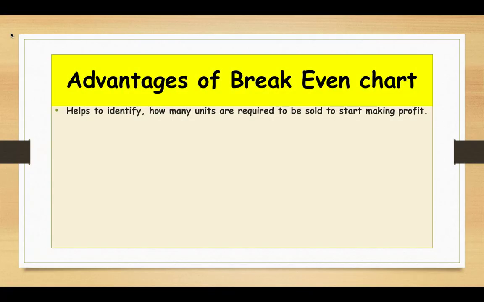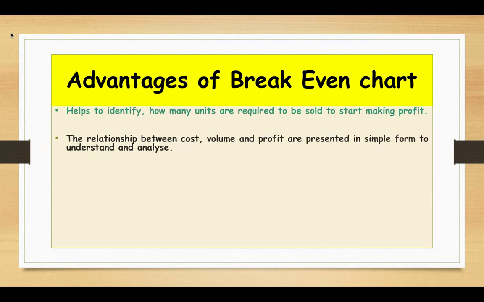We all know the companies can make profit only after reaching the break-even point. So lower break-even point is good for the company. So this will help the business to identify the risk involved in a product mix, because if the break-even point is high, the risk is also high.